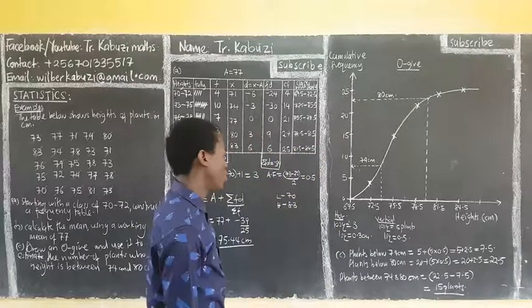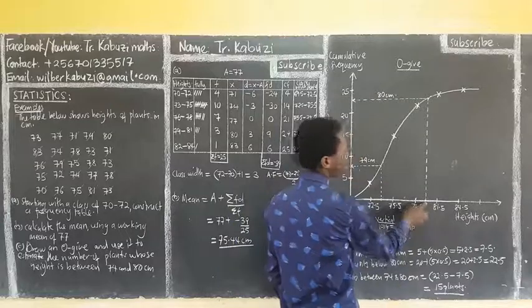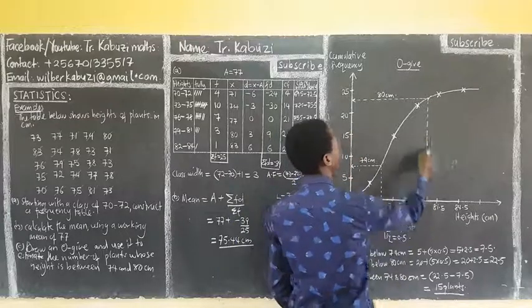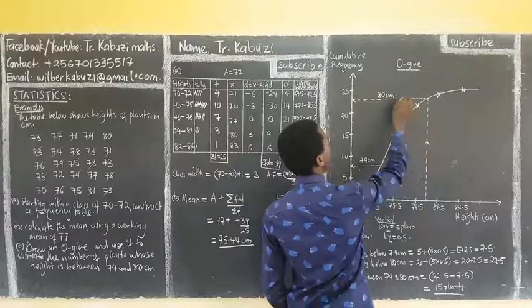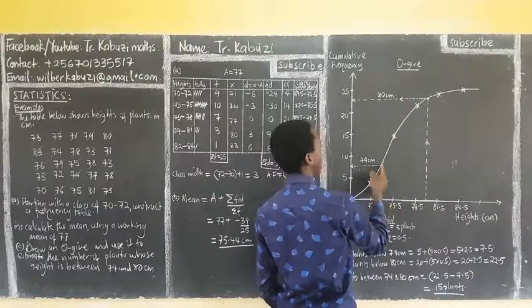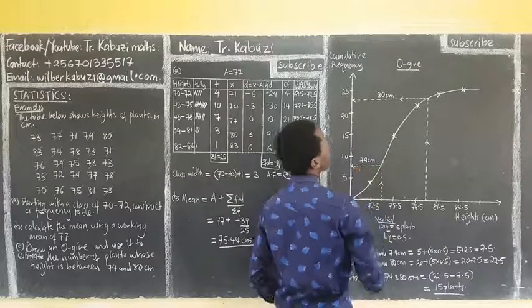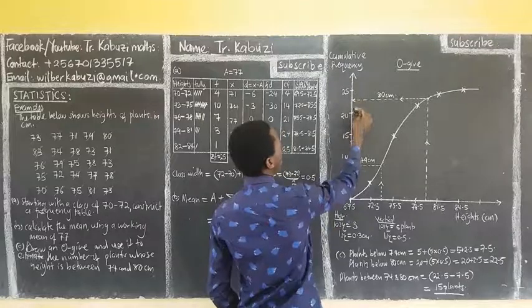When I come now to 80 centimeters, 80 is going to be here. Then I want to read off the plants that I have at 80 centimeters. I'm going up here, then when I reach this curve, I read off there. The ones I read, these were 5 small squares.